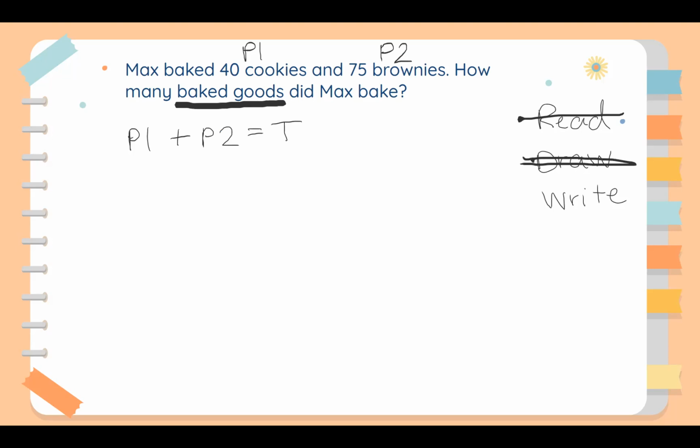Now we're going to go ahead and write. P1 is 40 cookies plus P2 is 75 brownies is equal to my total. Let's add these numbers together and see what we get. We get 115 baked goods.